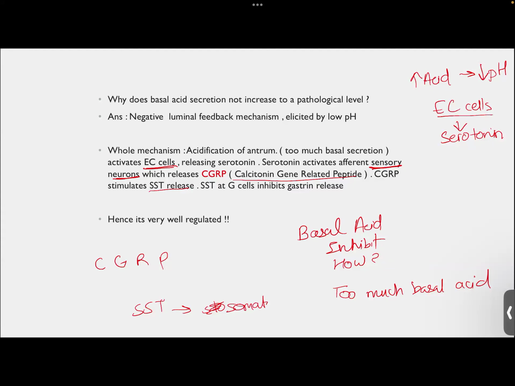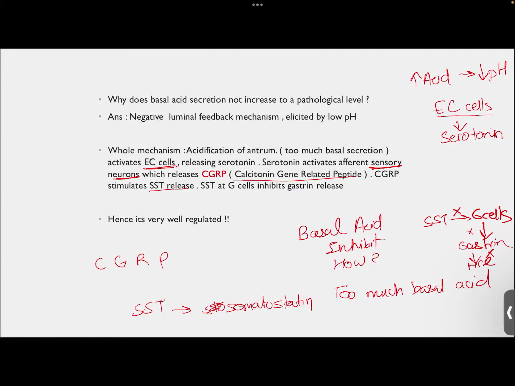So CGRP stimulates somatostatin, and somatostatin blocks the G cells, which blocks gastrin release, which blocks the release of HCl. So somatostatin blocks the G cells, and if there's no G cells, there's no gastrin. If there's no gastrin, there's no HCl, because of the gastrin-histamine axis, guys, remember?